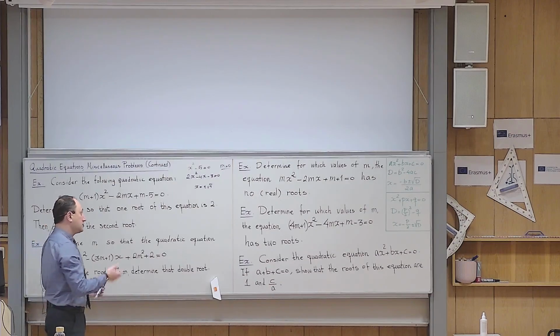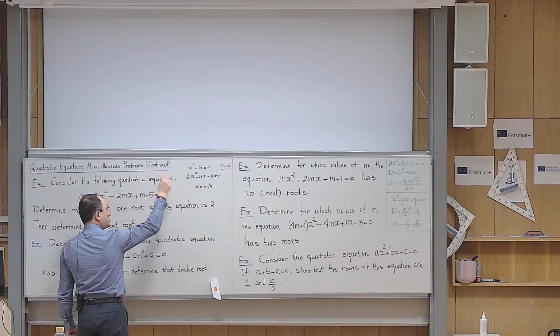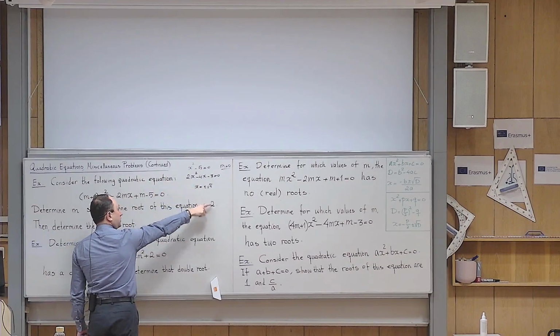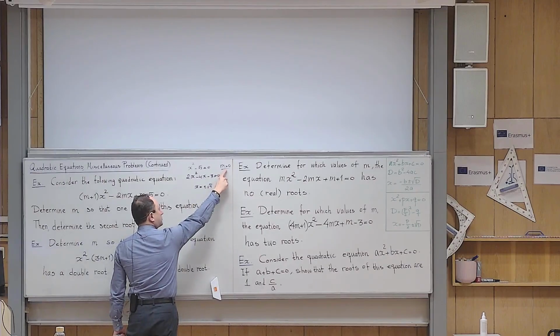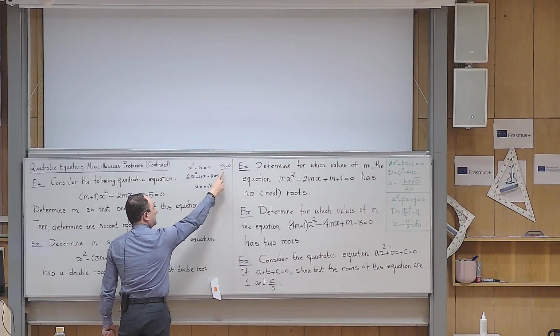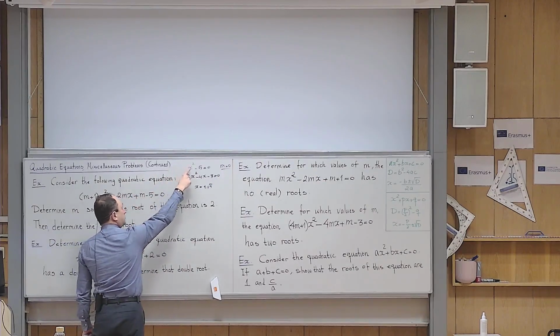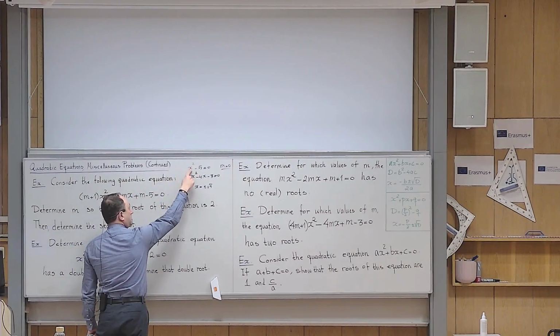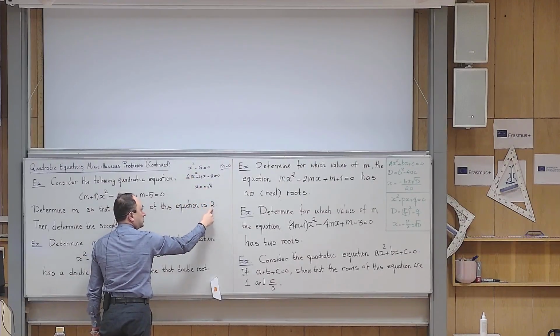No, because I want to choose m in a way that when I solve the generated equation, one answer becomes 2. So it is clear that m equals to 0 does not work, because if I choose m to be 0, this will generate this equation. When I solve this equation, I get 2 solutions. None of them is 2.